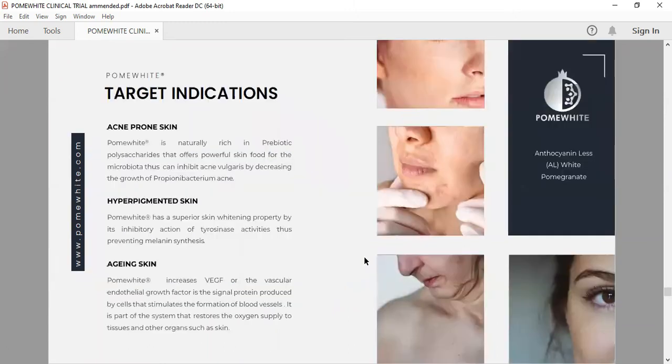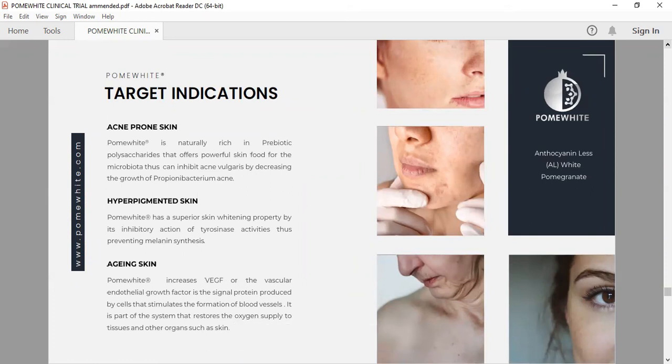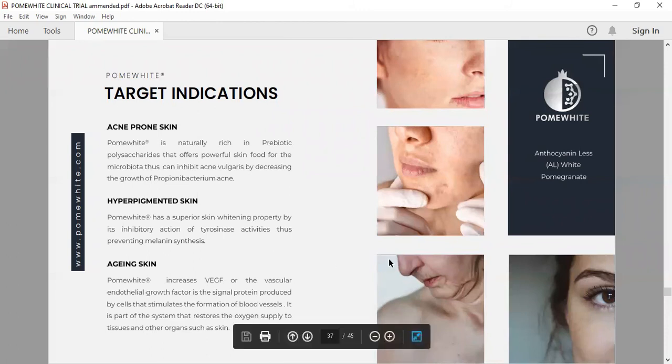Then, the target indication. We can treat different types of skin problems with Pomewhite, like acne prone skin, hyperpigmented skin and aging skin, and we will have good results with all these skin types.